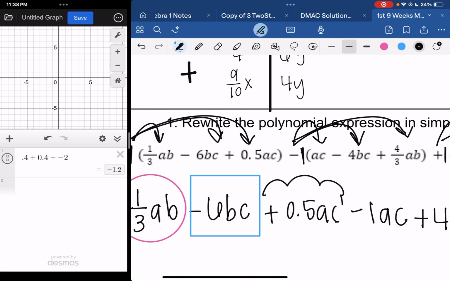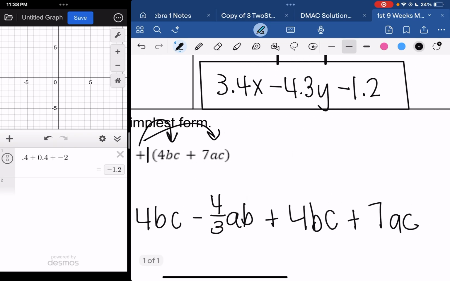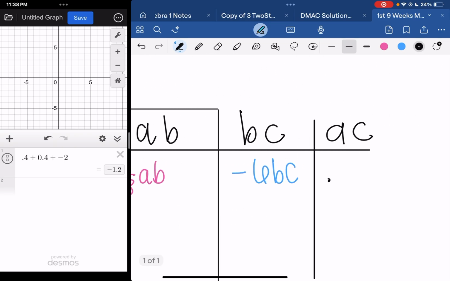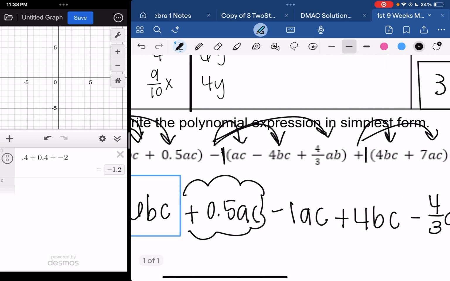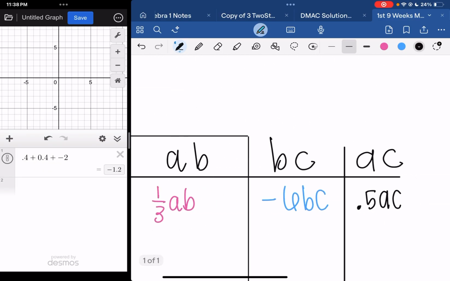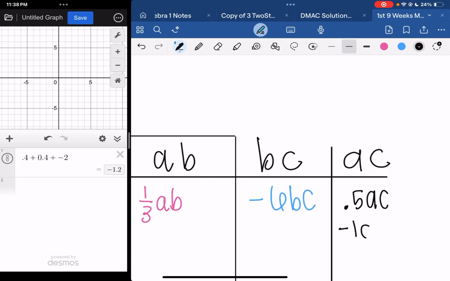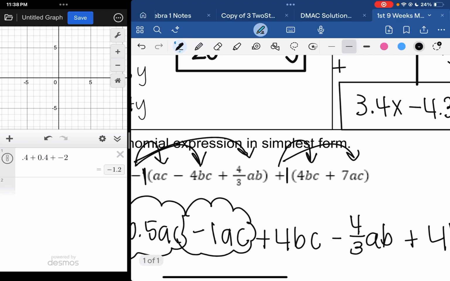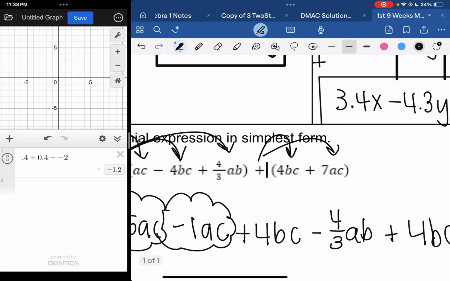My AC is going to go under the ACs. And another AC, so that's a negative 1. So I'm going to write negative 1 AC.